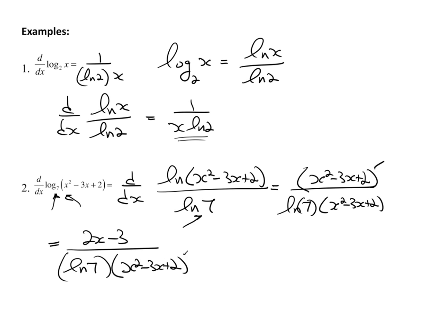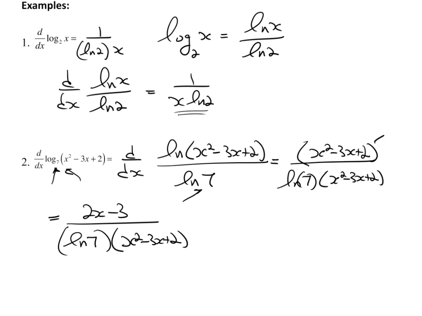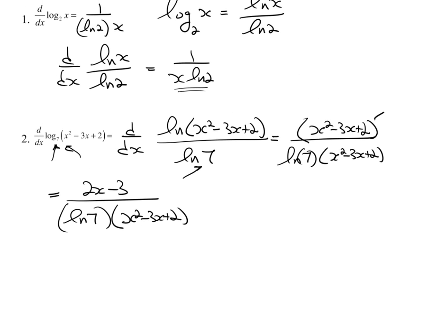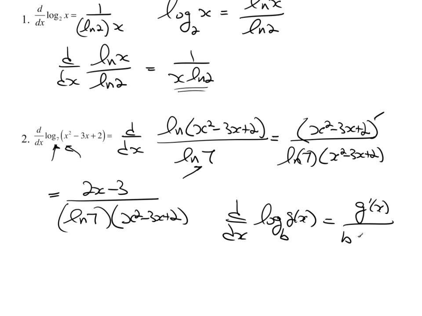So in general, d dx of log base b of g of x, because that's what this is, b is 7 and this is g of x, is going to be equal to g prime of x over b times g of x.